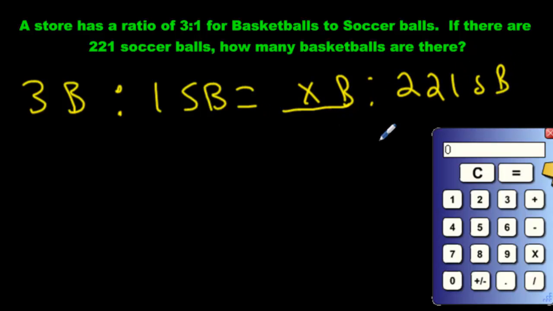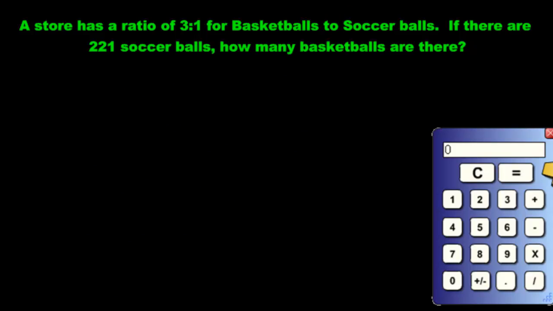But you know, if you do it this way, it kind of ruins the vibe we've been creating where we're setting up the cross multiplication. So you know what? I'm going to erase all this because I don't like that. I like setting up my proportions in fraction form. So I have 3 basketballs on top of 1 soccer ball. So every time they buy 3 basketballs, they're going to buy 1 soccer ball to go with it. They buy another 3 basketballs, they're going to buy another soccer ball to go with it.